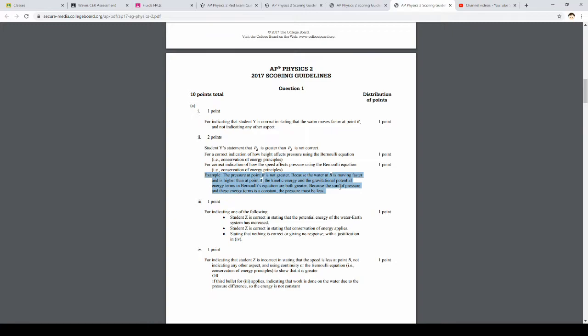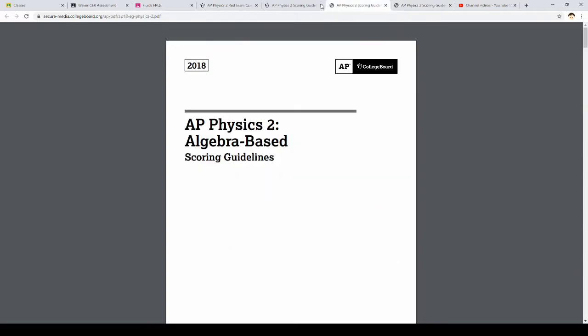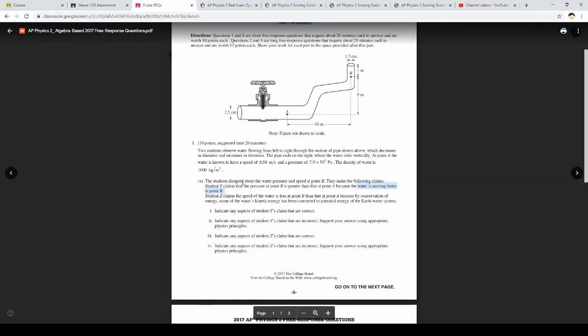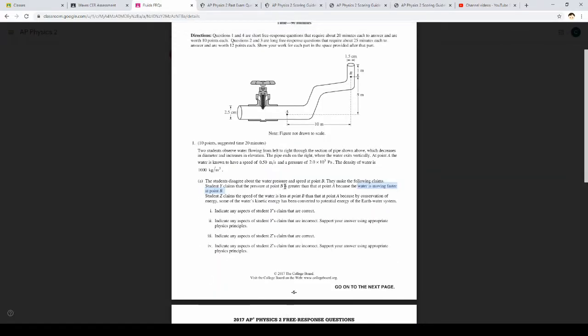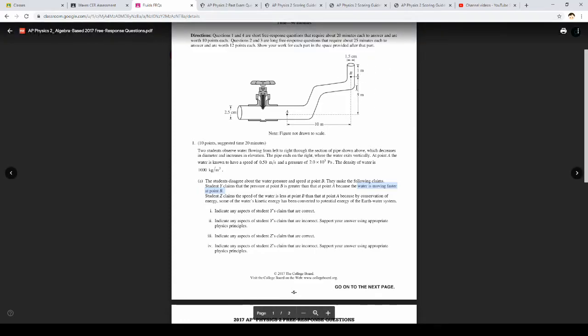Because the sum of pressure and these two terms is constant, the pressure must be less. So if we remember, student Y claimed that the pressure at point B is greater, but because it is moving faster and it is higher up, those two terms in Bernoulli's equation will actually be larger than they were down here, so the pressure will actually decrease as you go up.